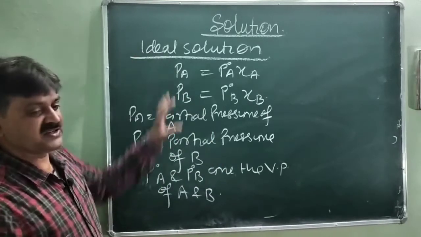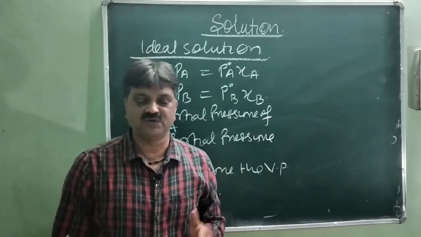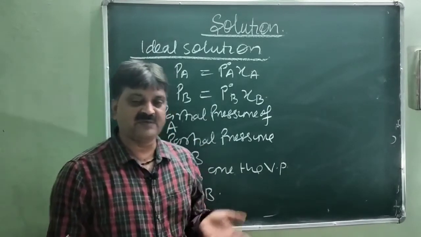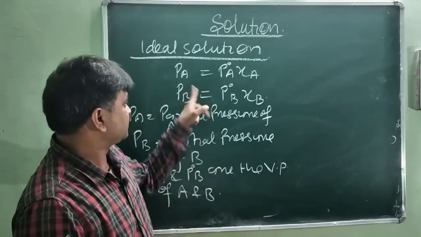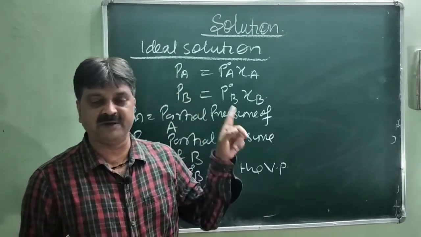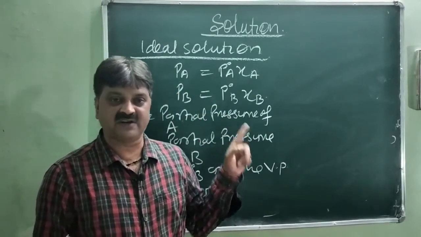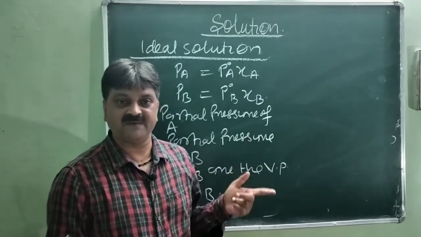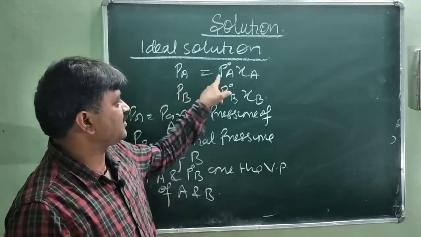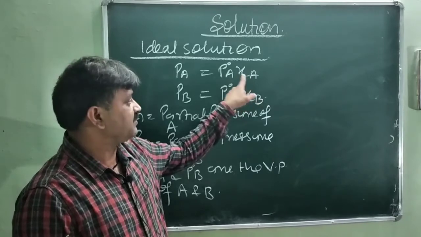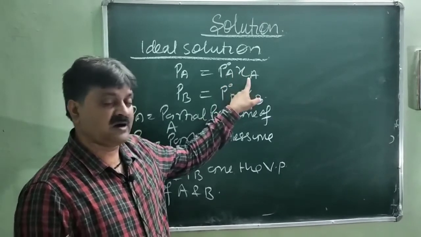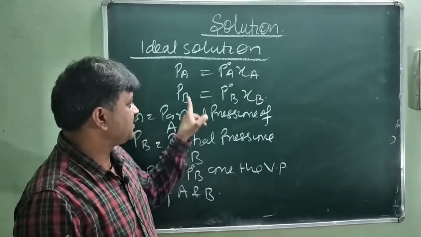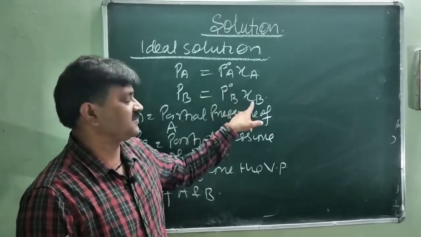So when the two substances A and B are mixed to form the solution, PA and PB are related to P naught A XA, meaning vapor pressure into mole fraction of A, and P naught B XB.